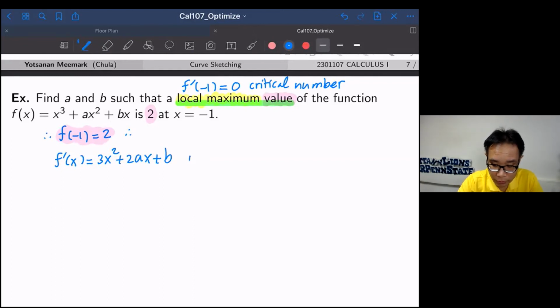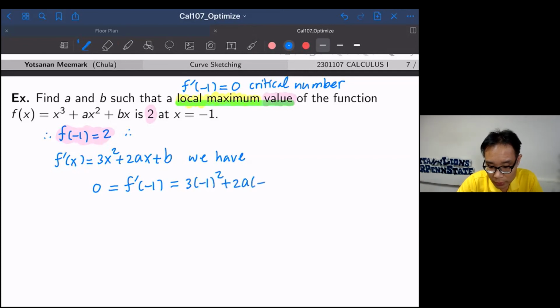We have f prime(-1) equal to 0, so this will be 3 times (-1) squared plus 2a times (-1) plus b.